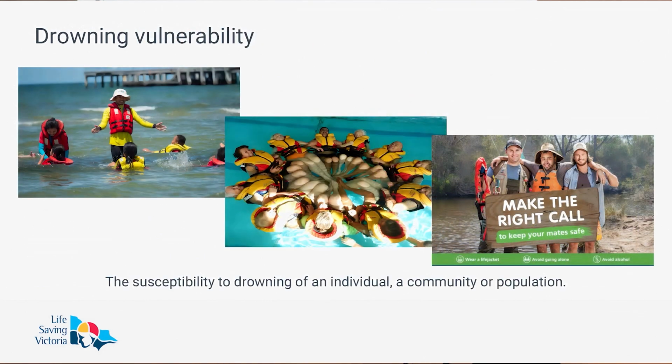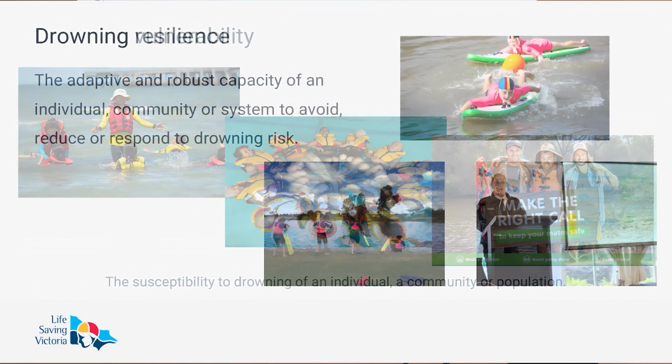We also talk about drowning vulnerability. So what are the vulnerabilities within a community? Every community is very different. You might have an ageing community, you might have a diverse community, you might have a youth community, you might have a community that is reliant on other people or services. So the vulnerability in which we all live is something that we also need to consider.